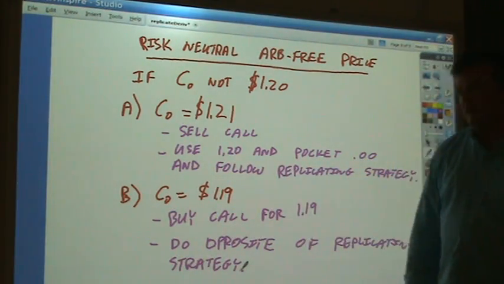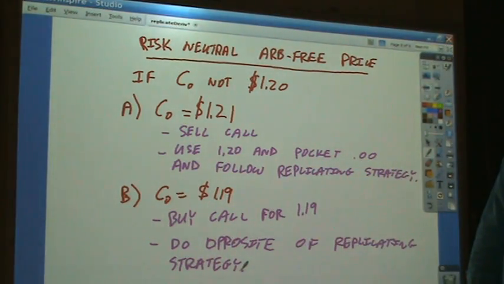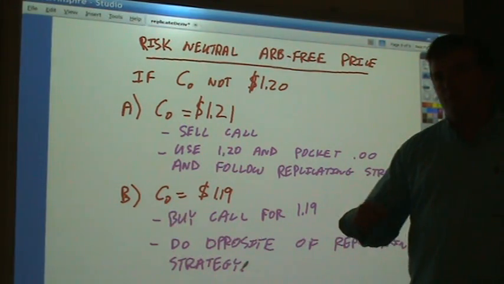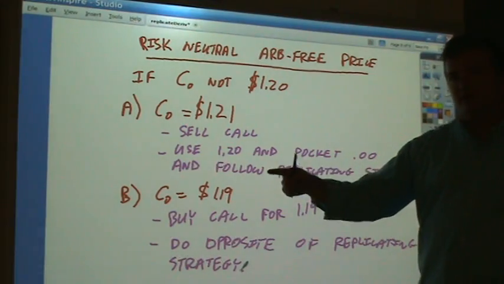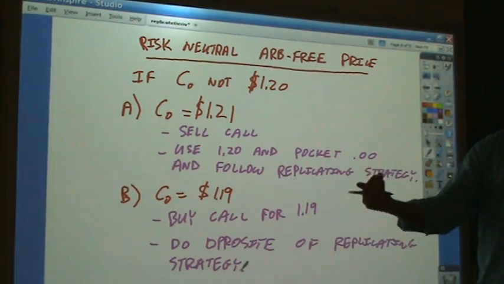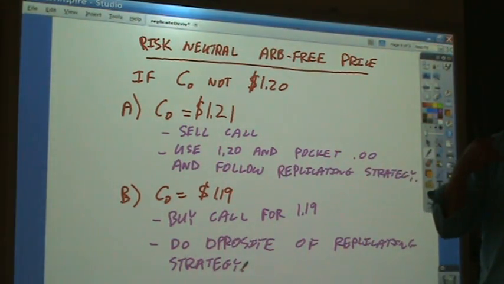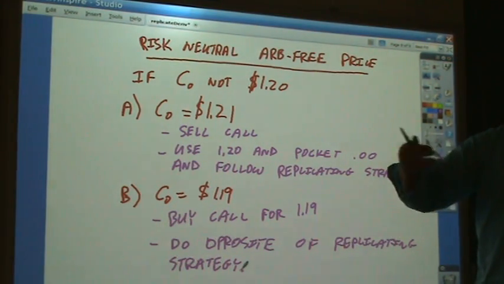So what would the opposite of that be? The opposite would be to take 80. No, we don't want to buy the half a share. We want to sell the half a share short, which means we would receive $1.20. Instead of, like the last time, we would take $1.20 of our own and borrow 80.